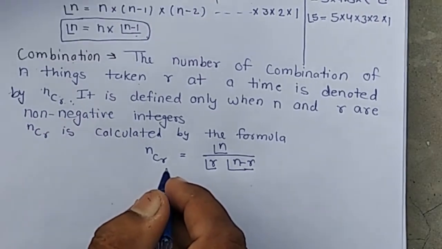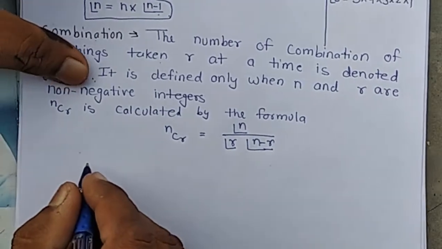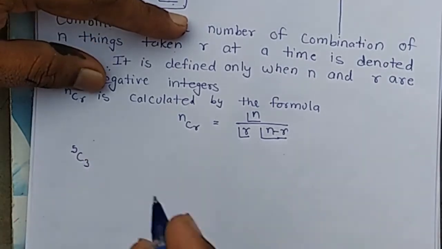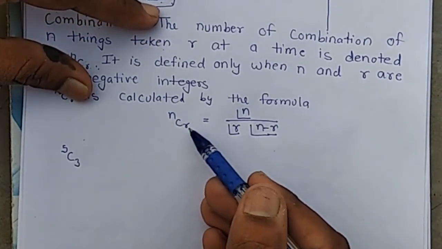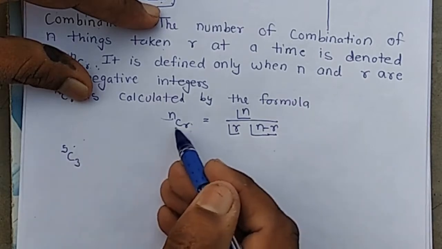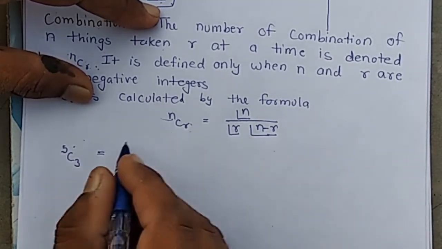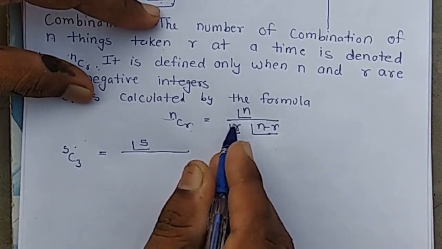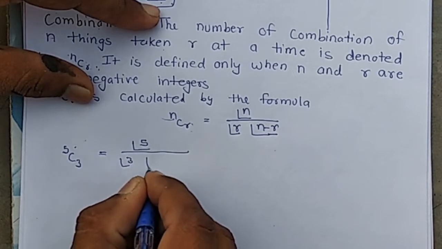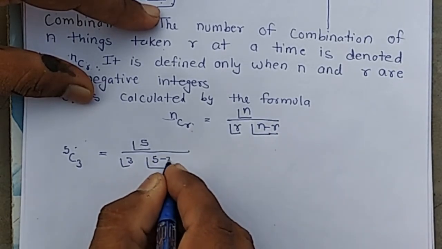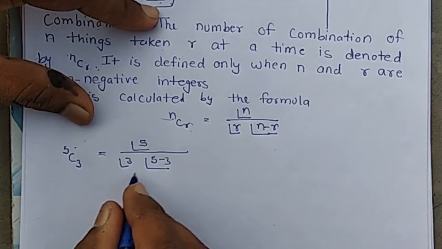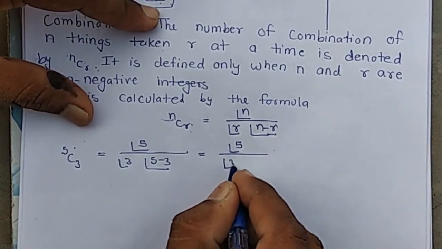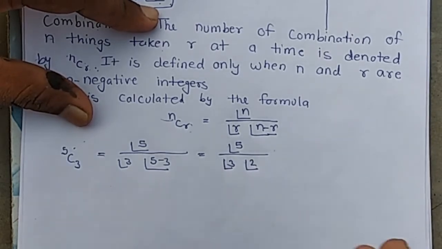Means if you have to find 5C3, then n equals 5, r equals 3. We have factorial n means factorial 5, by factorial r means factorial 3, and factorial n minus r means 5 minus 3, equal 2.